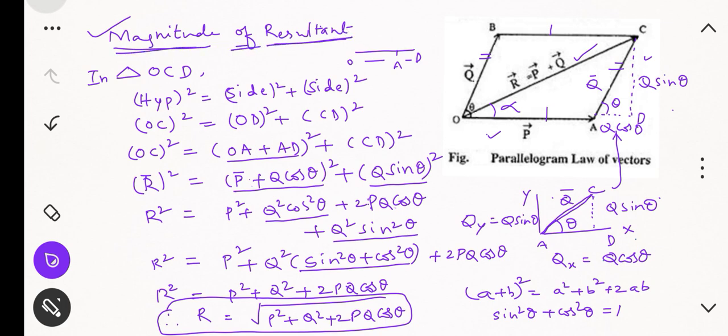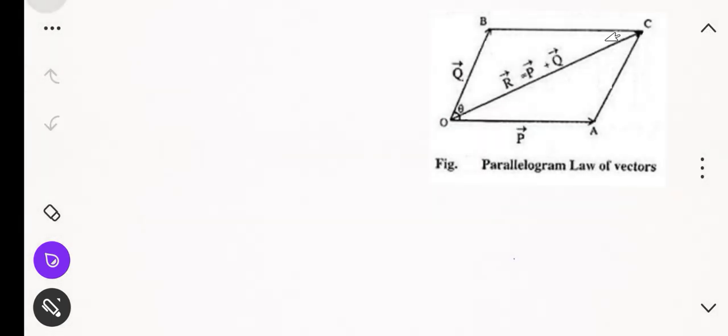Now we have to find out the direction of the resultant. In the same manner, we have to take the foot of the perpendicular here, and we have to extend OA, and we get an intersection point D. This is q cos theta, this is q sin theta, this is the angle theta.